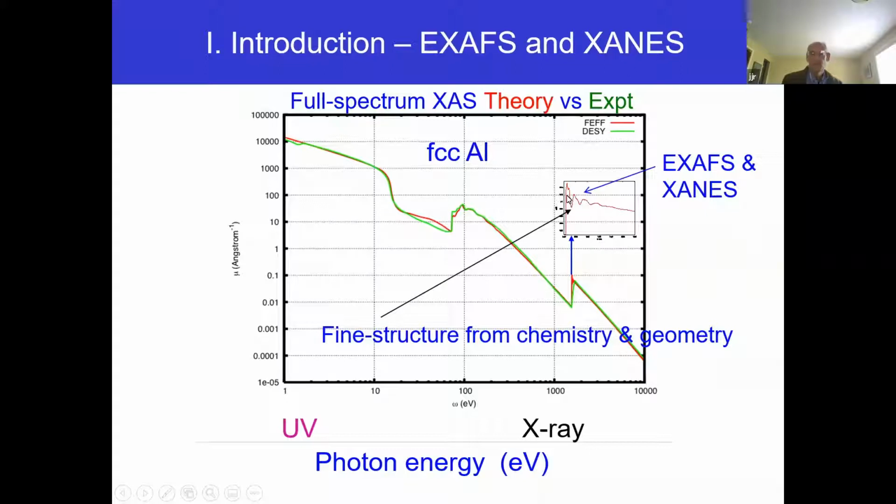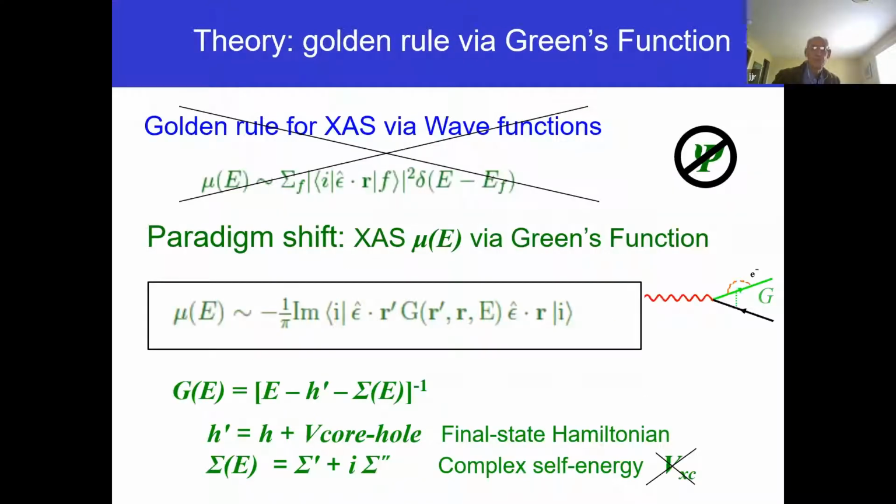And this was not understood for a long time, but it turns out to reflect the chemical and structural information in aluminum. And it's a kind of signature of the metal. If you could only decipher it, you see it's wiggly. There are two names associated with it, which I'll explain. They're called XAS and they're called XANES. And the question is, why are they different? What's going on? So, to be continued.